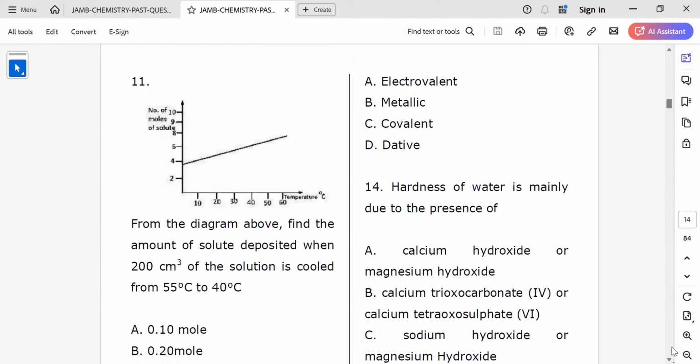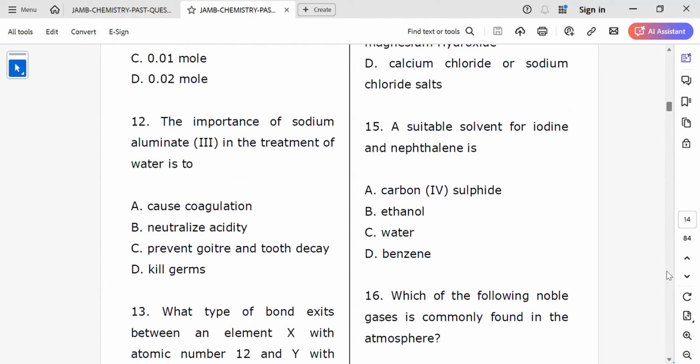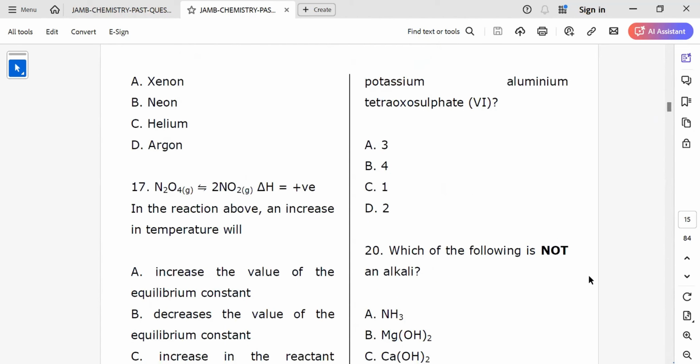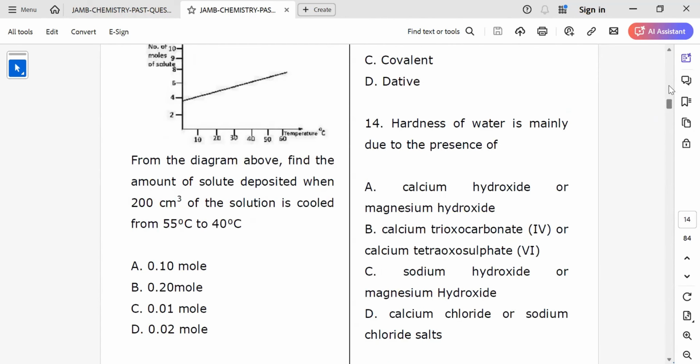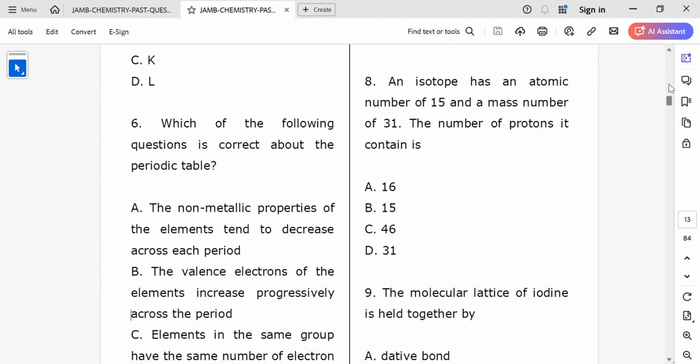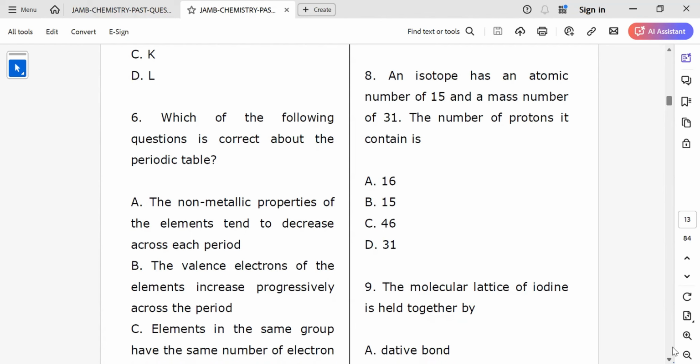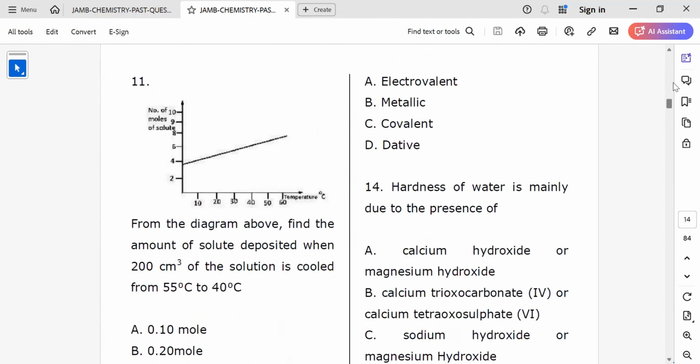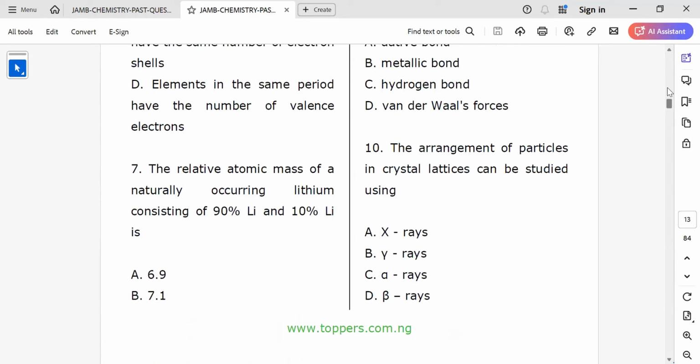So now we are moving to question 7. Let's look at what we have in question 7. Question 7 says the relative atomic mass of lithium of 90% Li and 10% Li.